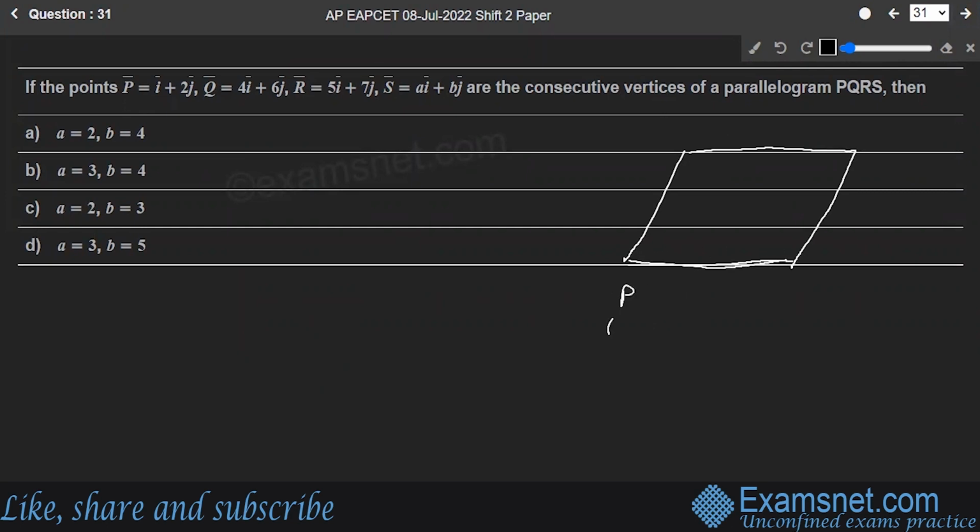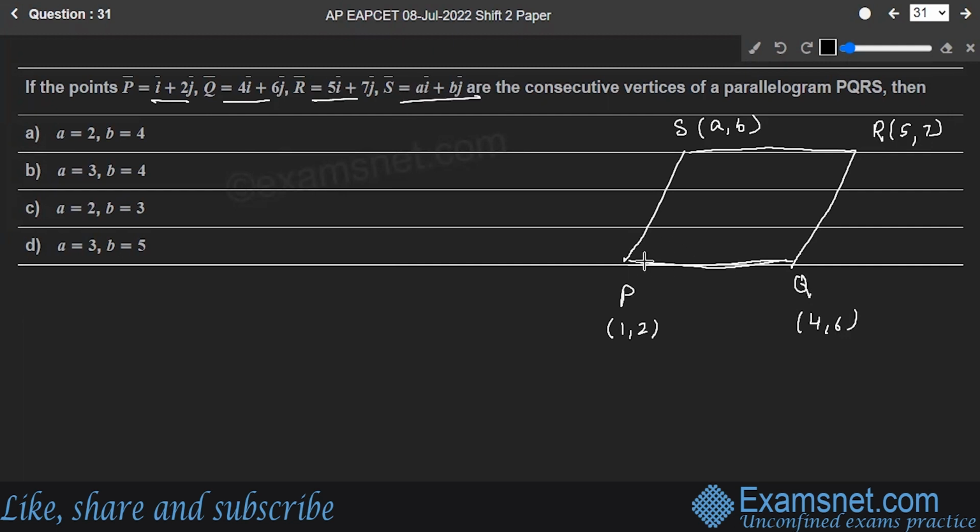So this is P, 1, 2. This is Q, 4, 6. R, 5, 7, and S, A, B. These are the vertices of the parallelogram PQRS. Accordingly, these are the vertices.